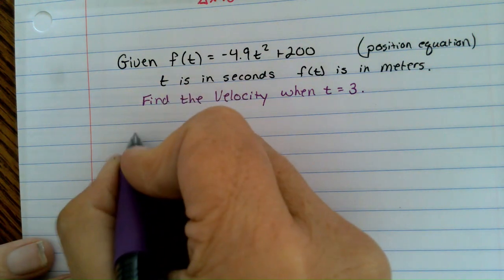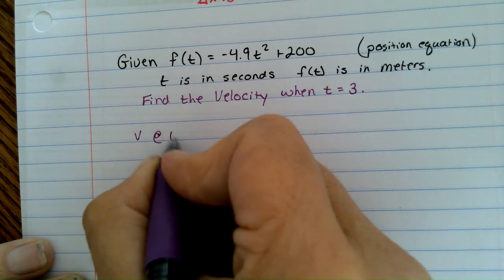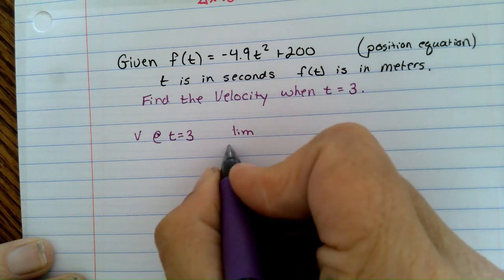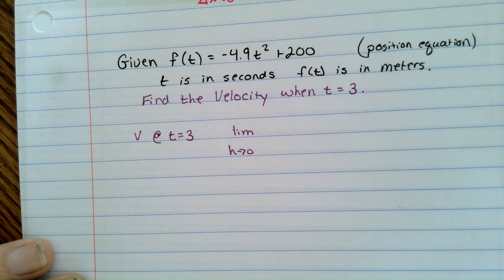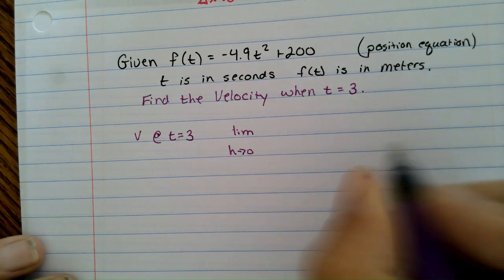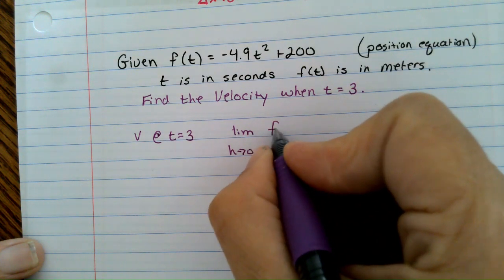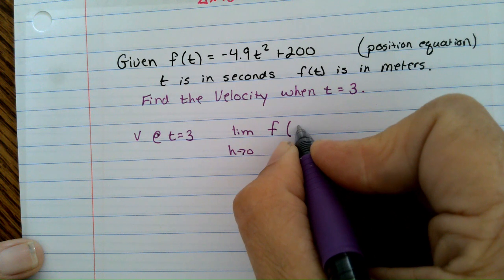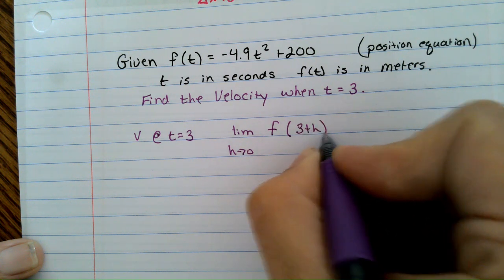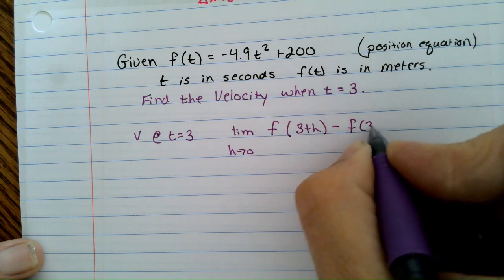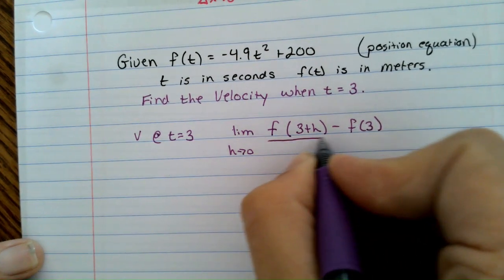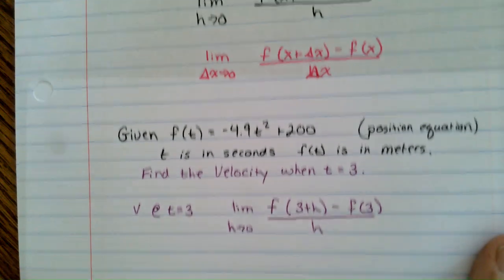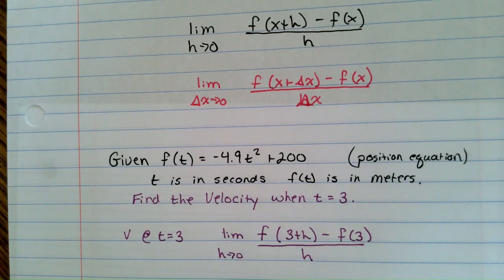So, velocity at t equals 3 will equal the limit as h approaches 0 of f of 3 plus h minus f of 3 all over h. Why 3? Well, if you look up here, that's our x value, right?